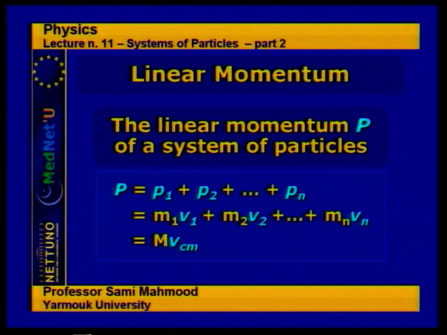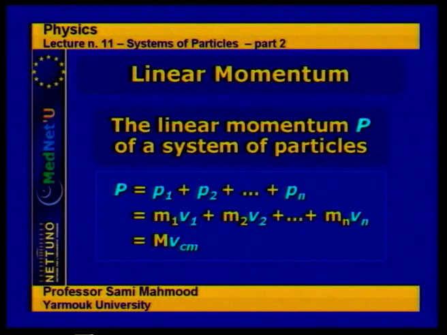And because the linear momentum is a vector, then as we know from the properties of vectors, the total linear momentum for the system, capital P, is simply equal to P1 plus P2 plus P3 and so on until we reach the last particle. And this is simply equal to m1 v1, substituting for the momentum of particle number 1, plus m2 v2 plus m3 v3 until we reach mn vn.